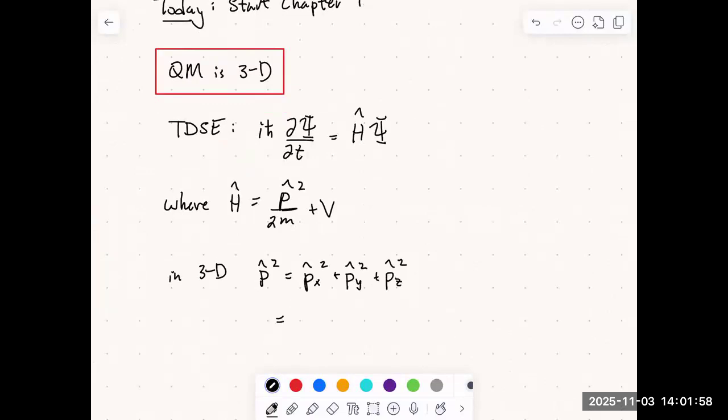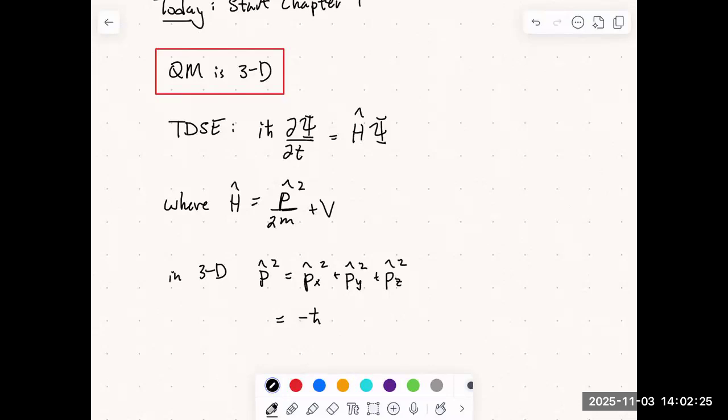And we know that for the px operator, the operator is given by minus i h bar d by dx. So if I square it, the minus i becomes i squared, which is minus. So we get minus h bar squared and 2 derivatives of x. And we would get exactly the same thing for the y and z momenta as well.